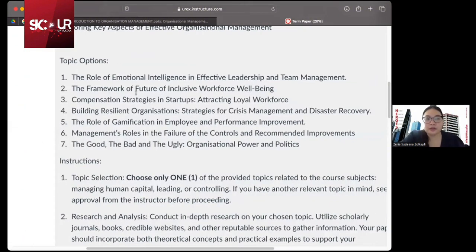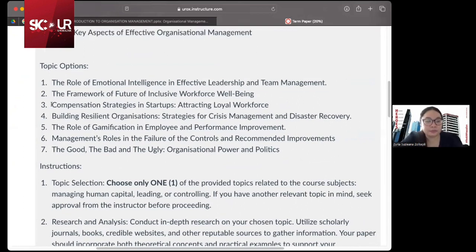Okay, if you take a look at the topic here, it is compensation strategies in startup companies. So Bank Rakyat is definitely not a startup company. So you have to imagine what startup companies do, because why startups? Because they are not fully established yet. A lot of startups implement creativity in their management styles, you know.